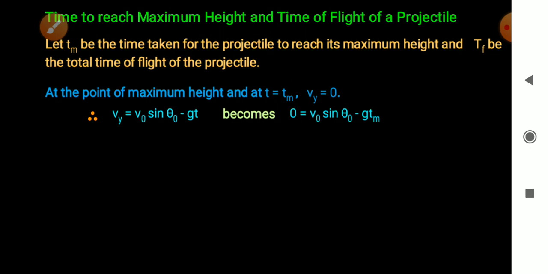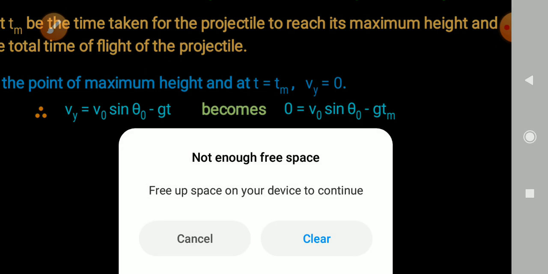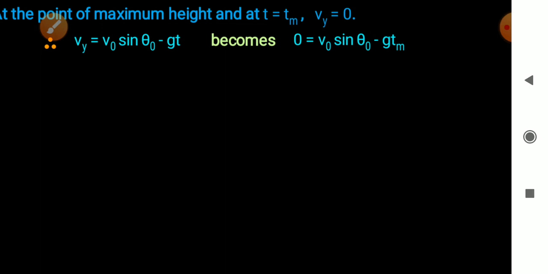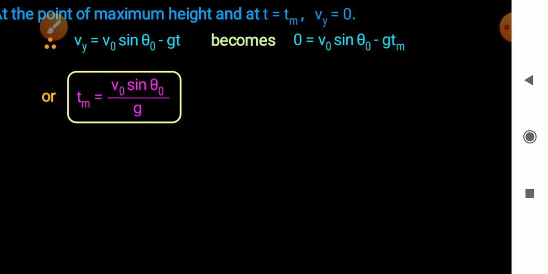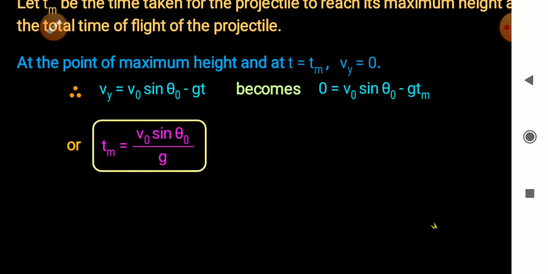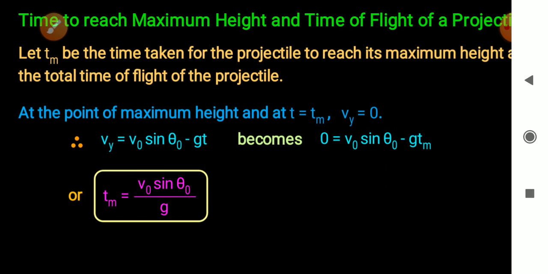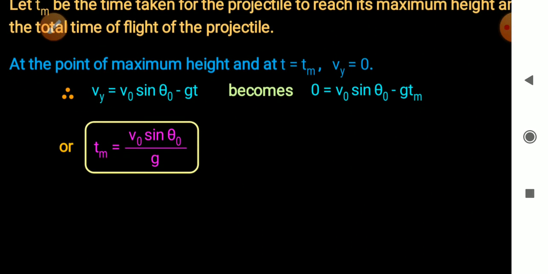So from equation Vy equal to v naught sin theta naught minus gt, equation of projectile, in this equation put Vy equal to 0. So equation will be v naught sin theta naught minus g Tm equal to 0. Right? And from this equation Tm equal to v naught sin theta naught upon g. This is the time to reach maximum height. I hope this point is clear to you.